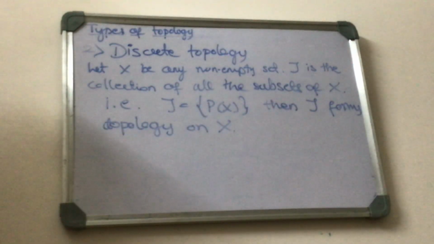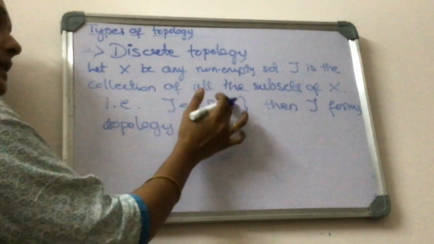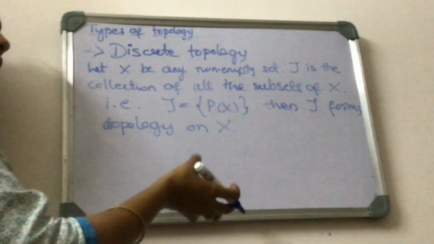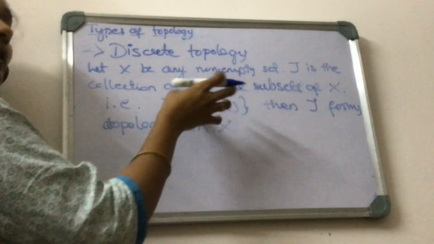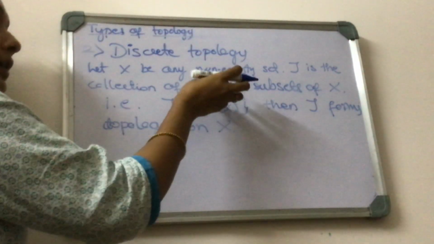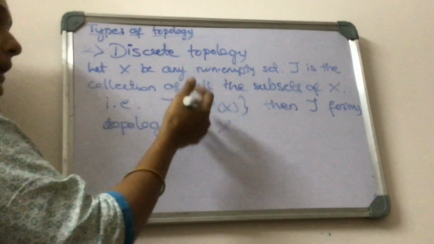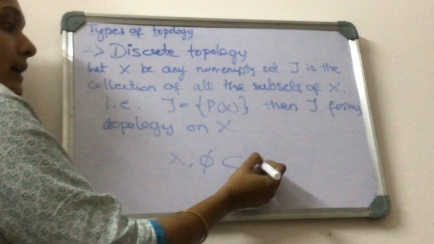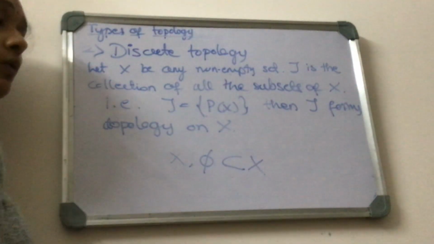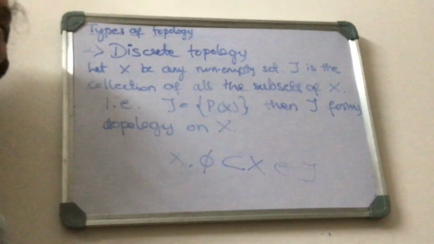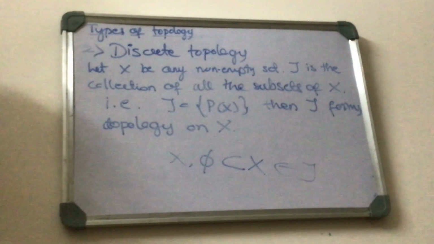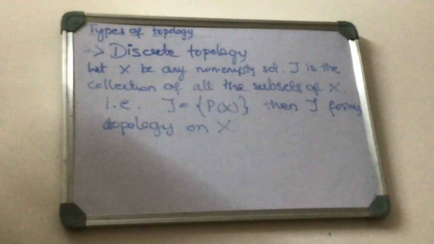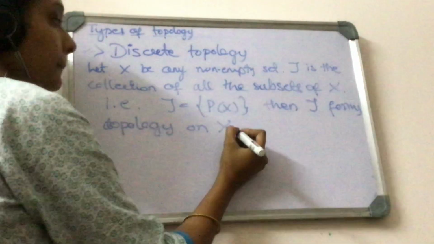All the possible subsets are in this, which means if you do the union or intersection, you will get again an answer that is in this tau only. Okay, and X and phi anyhow are subsets of X, so they belong to tau. Okay, no need to check. And like that, union and intersection also. Then it forms a topology on X.